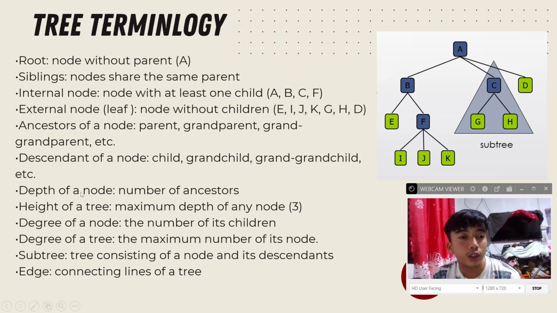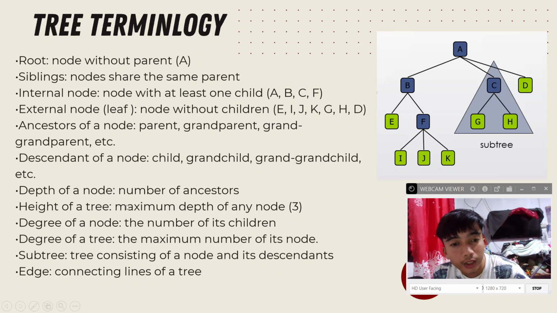Depth of a node: the depth of a node is the number of its ancestors. For example, its number of ancestors is 1, 2, and 3, so the number of ancestors is 3. Height of a tree: the height of a tree is the maximum depth of any node. Degree of a node: the number of its children.